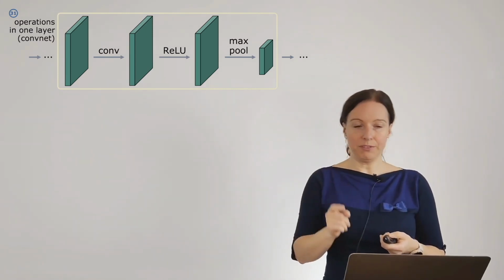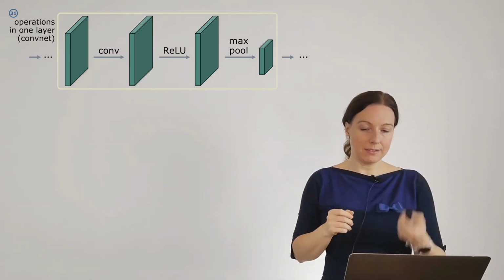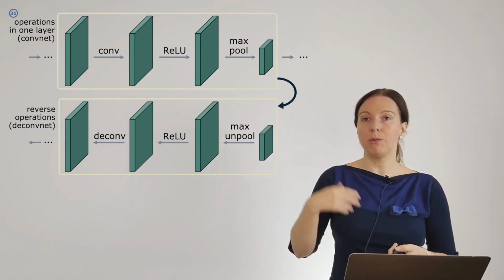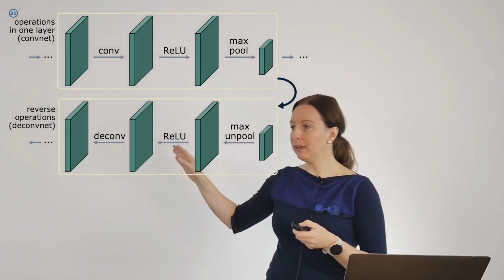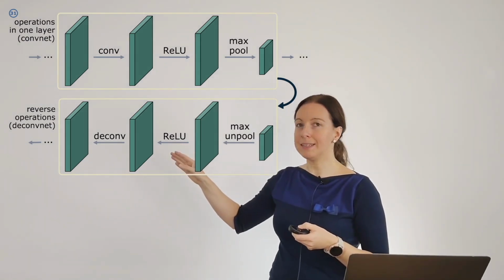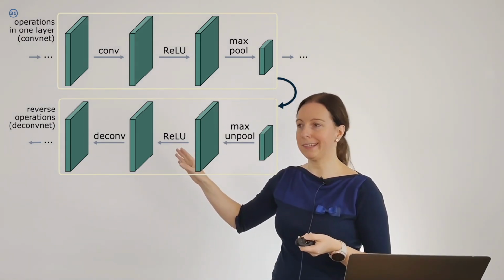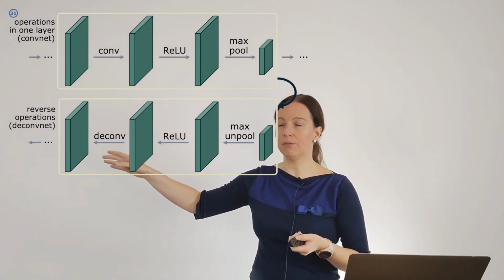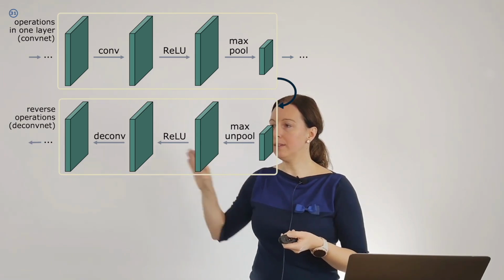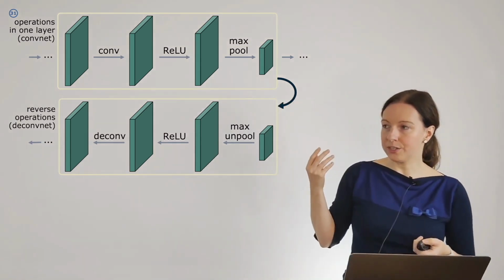What a Deconvnet now does is that it designs a block which performs the reverse operations. Namely, we have a max unpooling, we have a ReLU, which is named the same because it's exactly the same, and then we have a deconvolution. These are all the reverse operations.